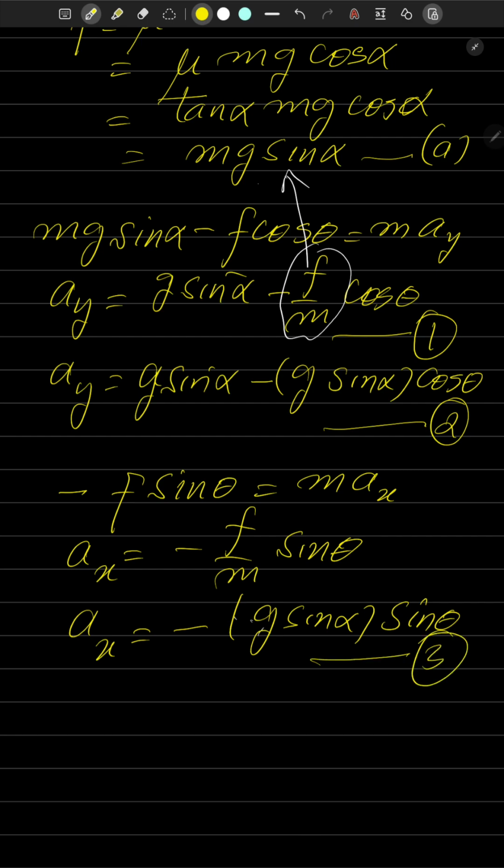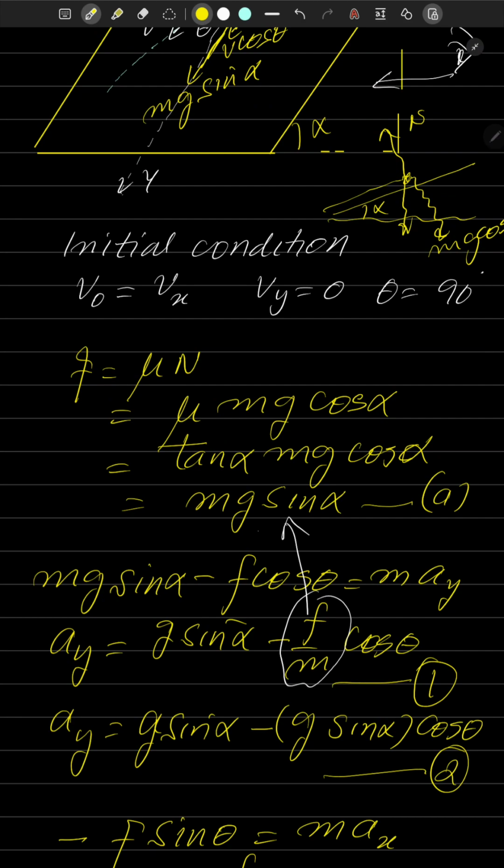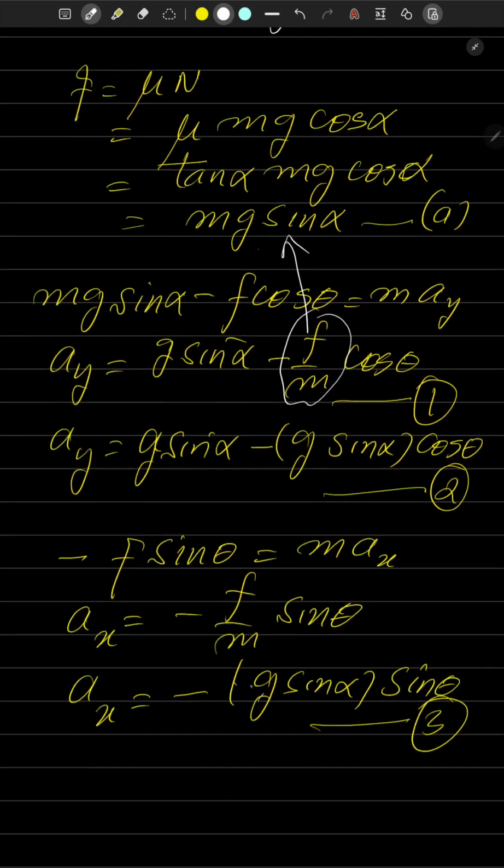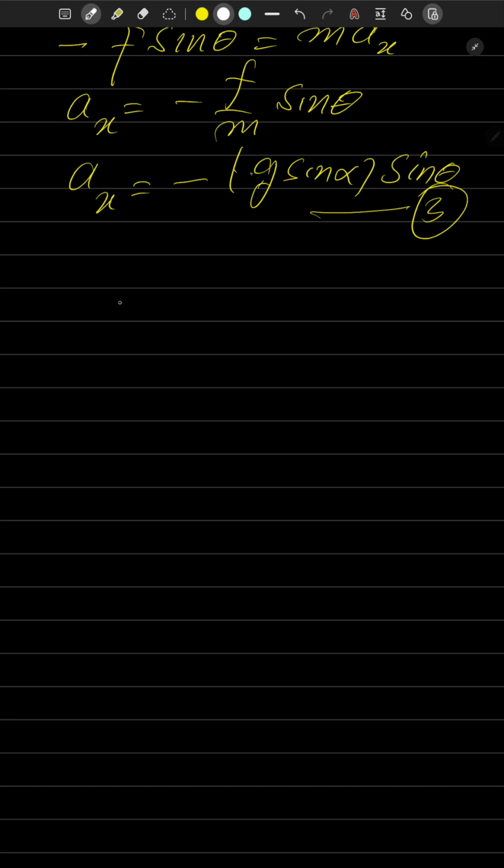Now come to the main situation. Look at the situation when the particle is at some instantaneous position. We have a velocity component along the x-axis and a velocity component along the y-axis. So your v at any instant is surely vx square plus vy square.